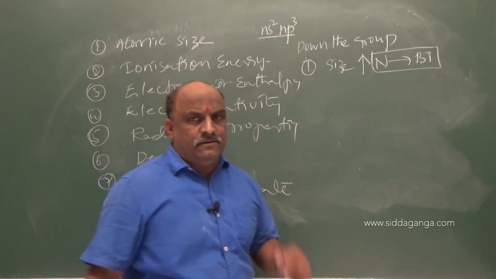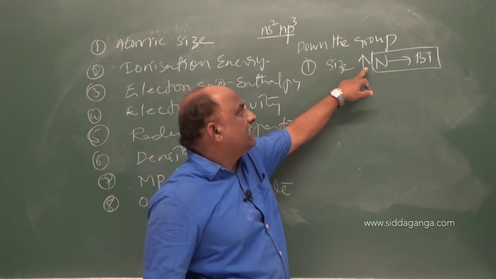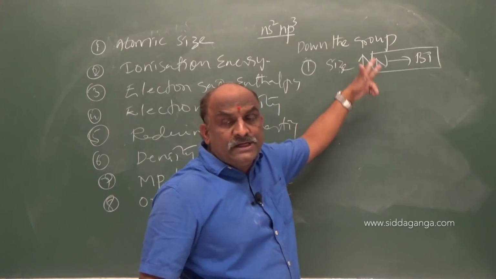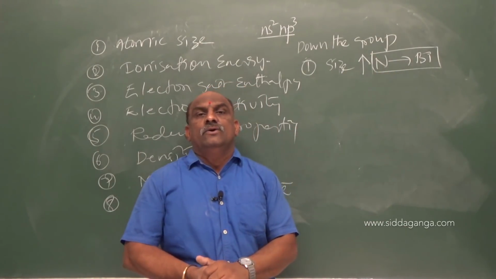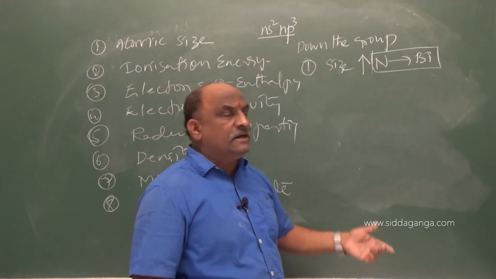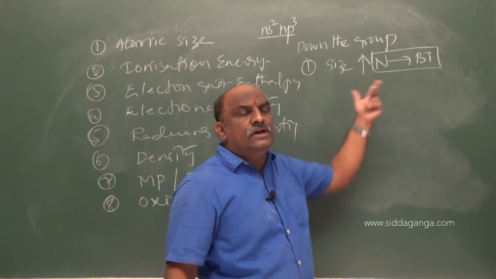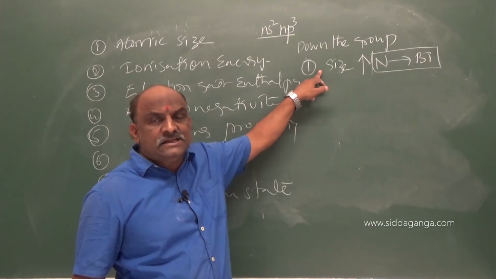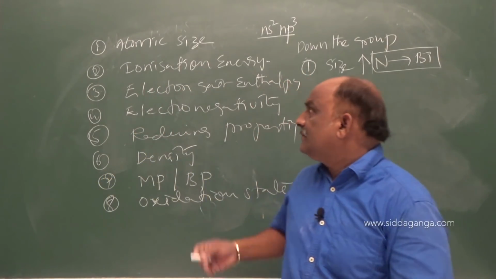The differentiating electron enters into a new principal quantum number. For nitrogen it is 2s2p3, phosphorus 3s3p3, arsenic 4s4p3 like that. So size increases from top to bottom, from nitrogen to bismuth.